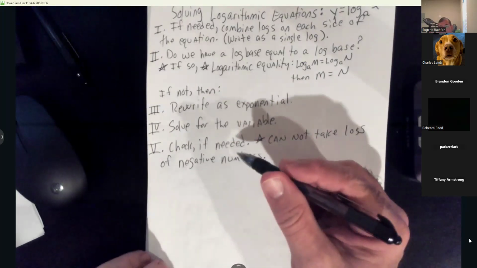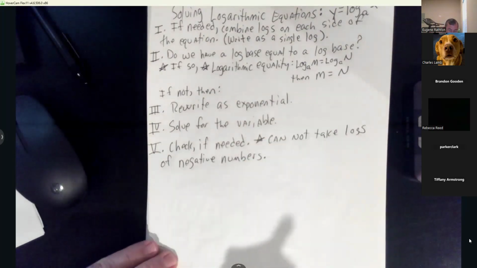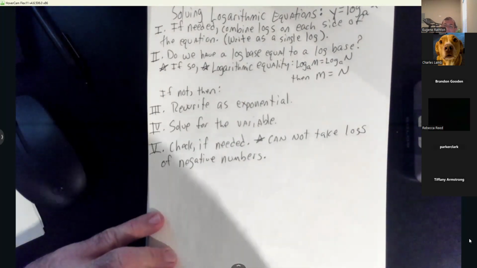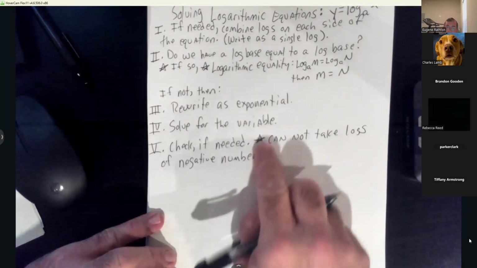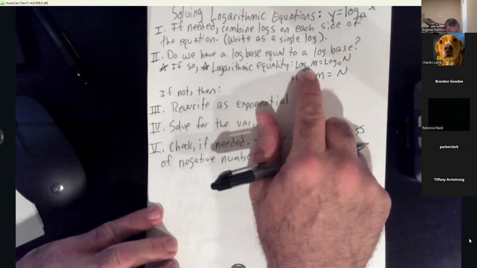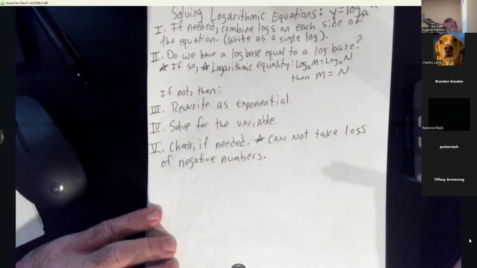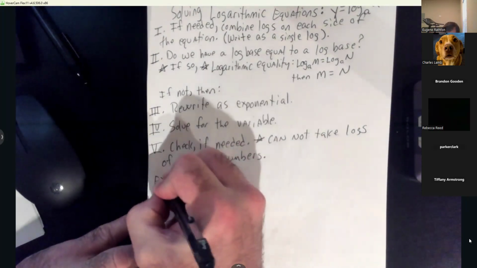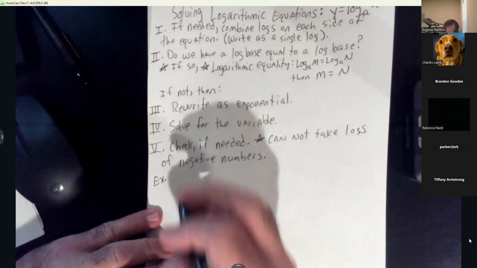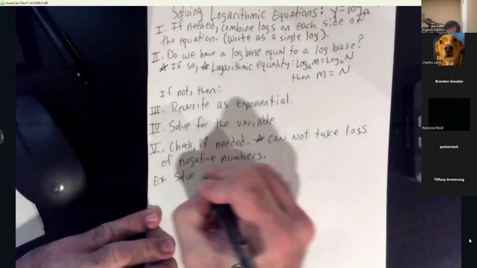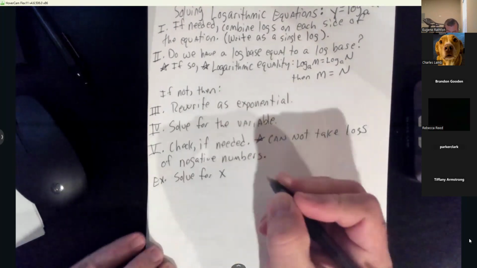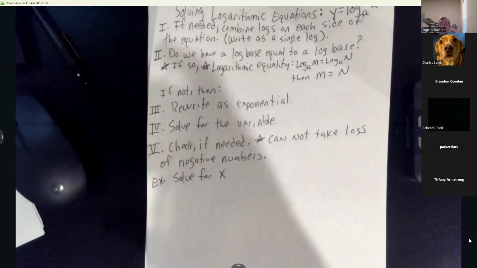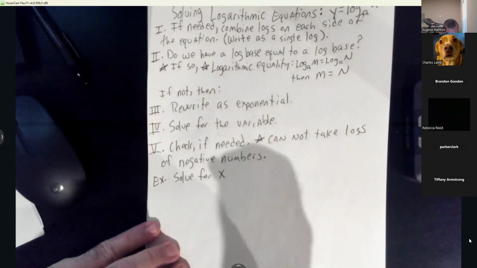So if I solve one of these logarithmic equations and I get negative answers, I'm throwing them out. I can only keep my positive answers when I plug them back into these logs, okay? See y'all? Those are the steps we're going to follow. So here we go. We're going to solve for x. So we'll sort of start out mellow and then they're going to increase as we go, okay?